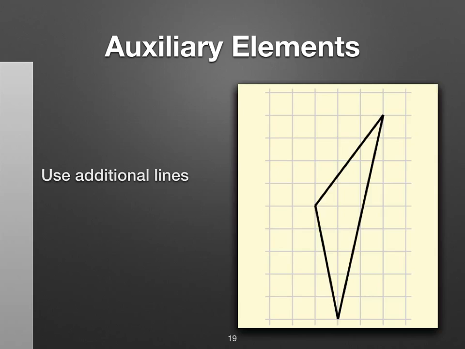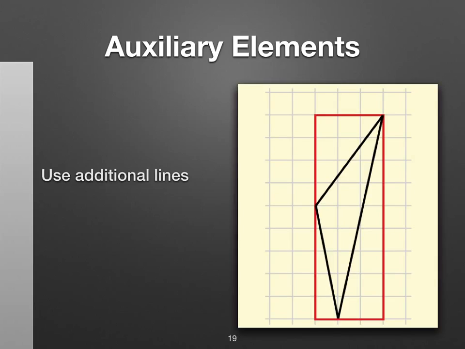Auxiliary elements. The area of this triangle cannot be found using symmetry or chunking. However, adding auxiliary elements helps. With an additional line, a rectangle with area 27 is built.